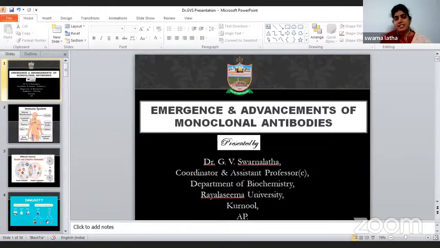In the present slide, you can see there are different cells and organs involved in the immune system. Mostly there are 2 lineages: the lymphoid lineage and the myeloid lineage. From these 2 lineages, different cells and organs offer resistance in the host system.